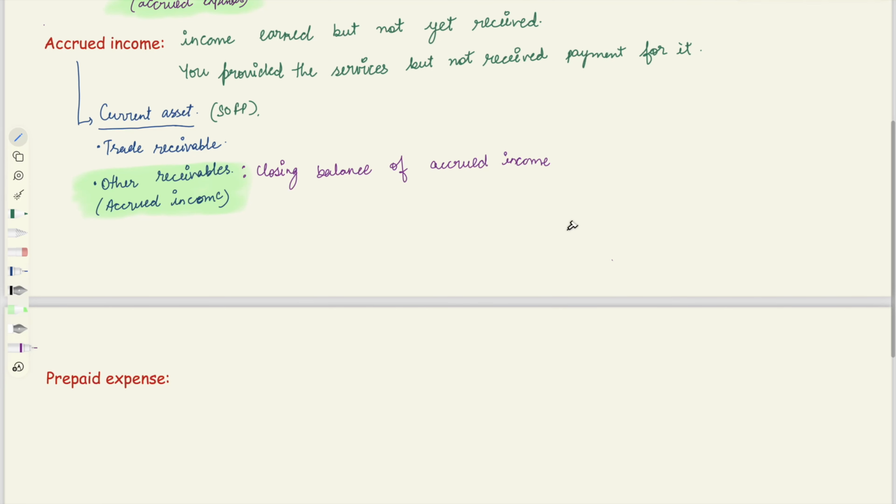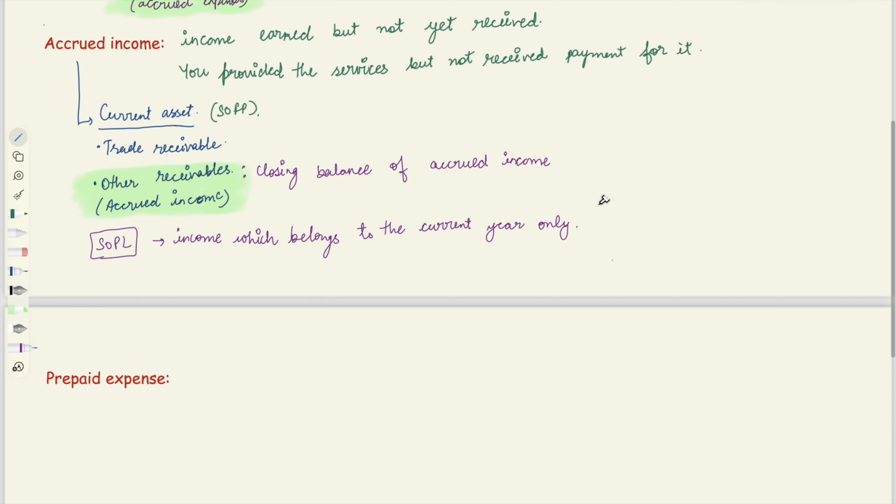What I'm going to do in statement of profit or loss is include income which belongs to the current year only. It means that I will have an opening accrued income or a closing accrued income.